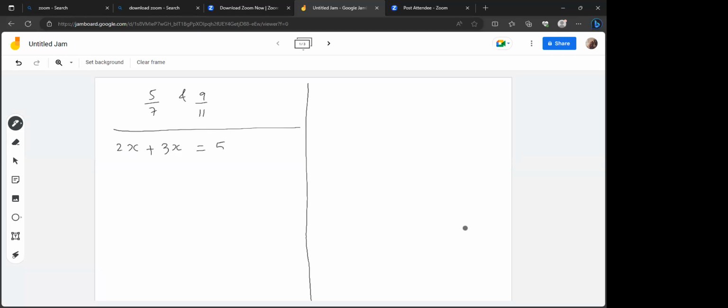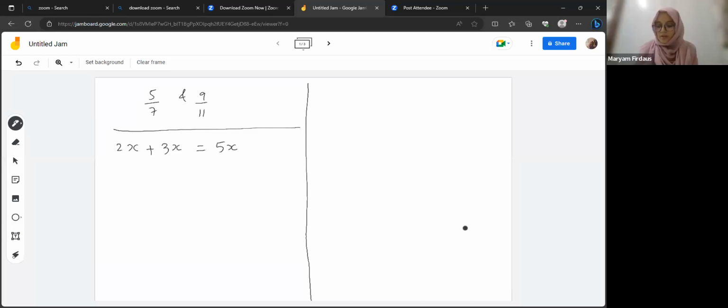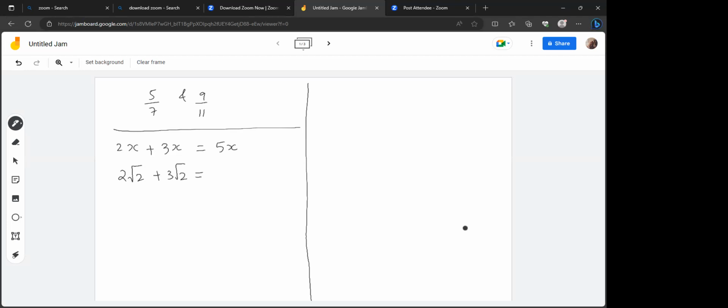Yeah, 5x. So similarly, if you just replace this x with something else, let's say 2 root 2 plus 3 root 2, what should this give you? 5 root 2, exactly.